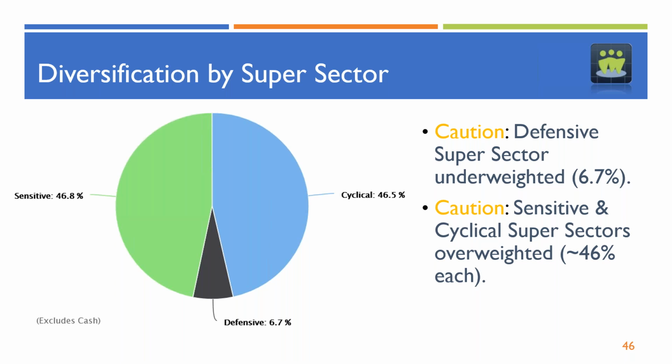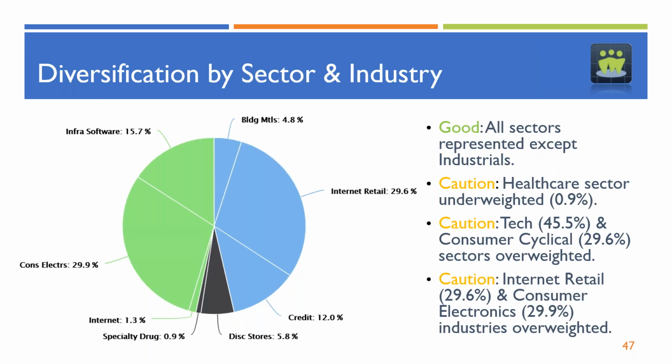By super sector, the defensive super sector is underweighted at 6.7%, and thus the sensitive and cyclical super sectors are overweighted at about 46.5% each. Again, this gives you a goal. What can we do to improve the defensive exposure of this portfolio?